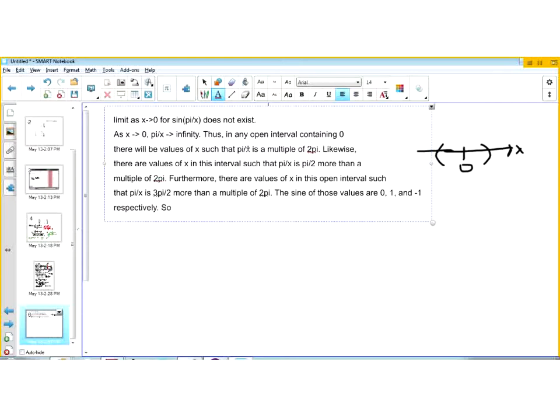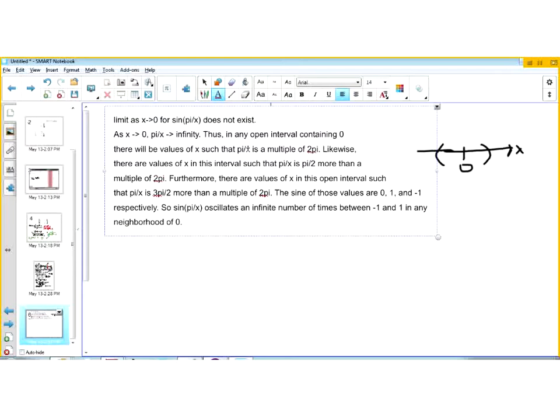So sine of pi over x oscillates an infinite number of times between -1 and 1 in any neighborhood of 0.